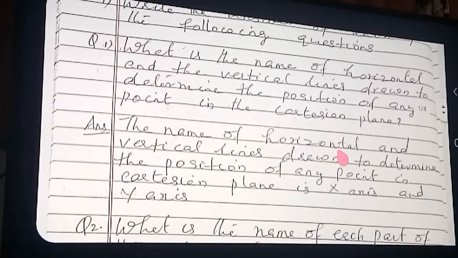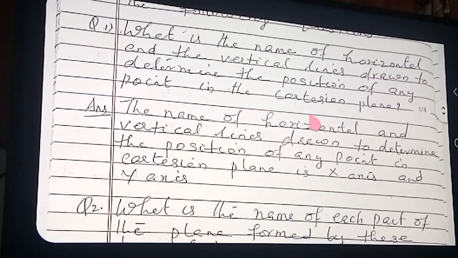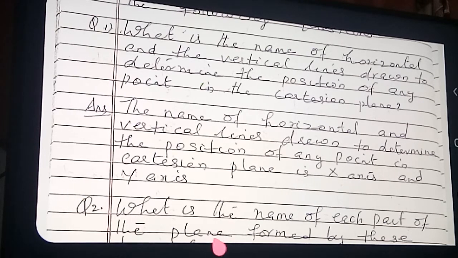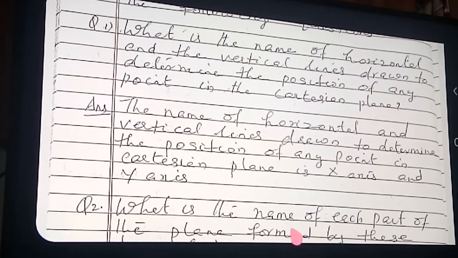Any point we mark in the Cartesian plane, we are able to locate easily by finding out the x coordinate and y coordinate. So we draw one line horizontally and another line vertically. What is the name of these lines?